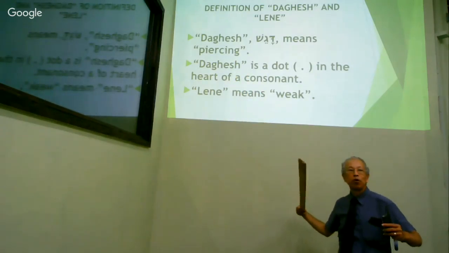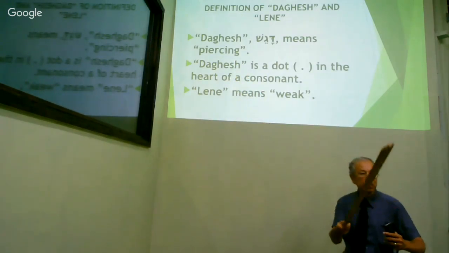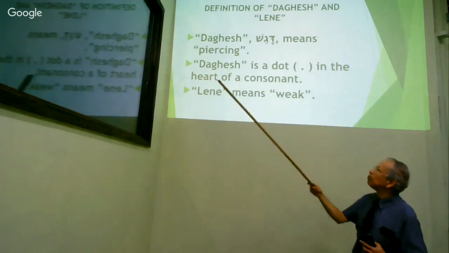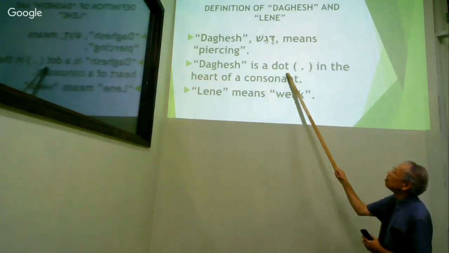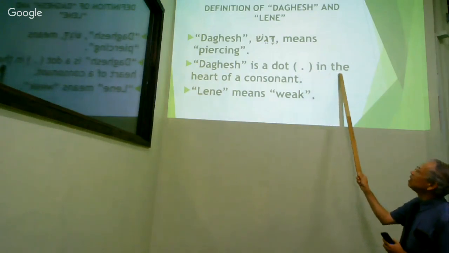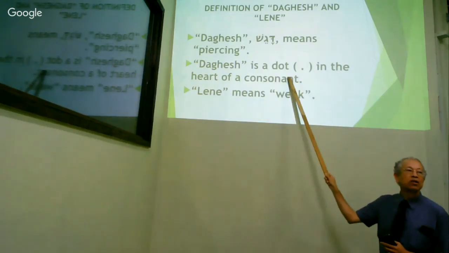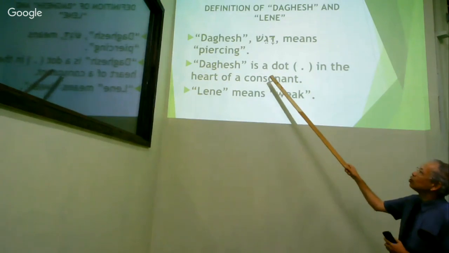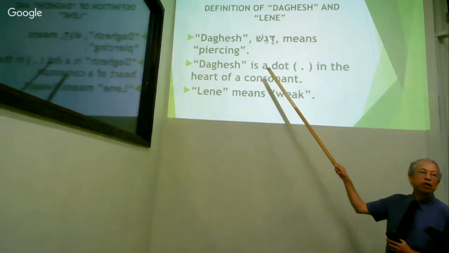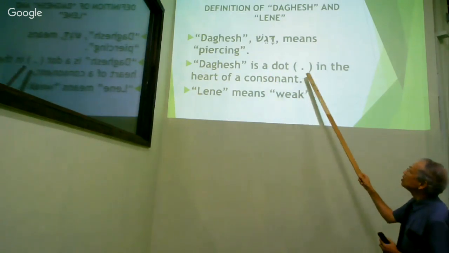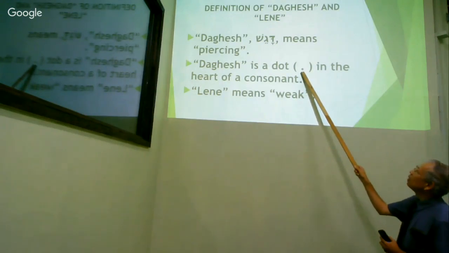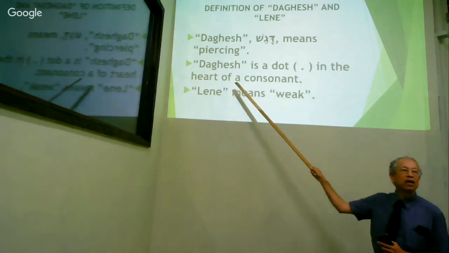That is, you have bored a hole through. Daghesh is a dot in the heart of a consonant. When you have put the symbol down on paper, it is a dot in the heart or the middle of a consonant.